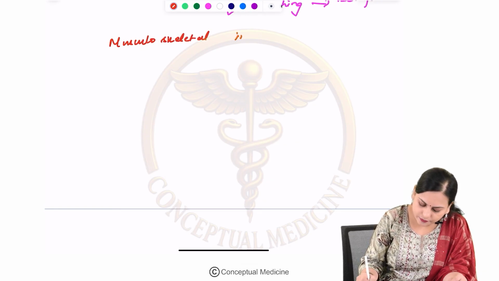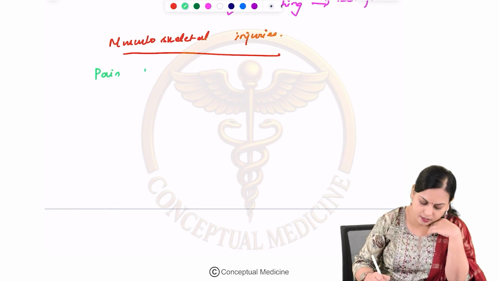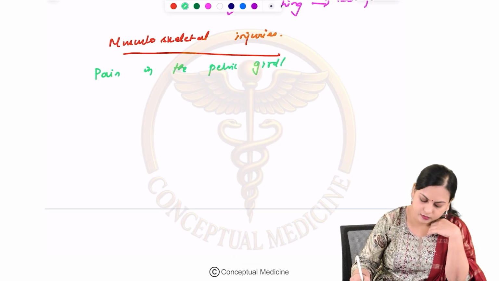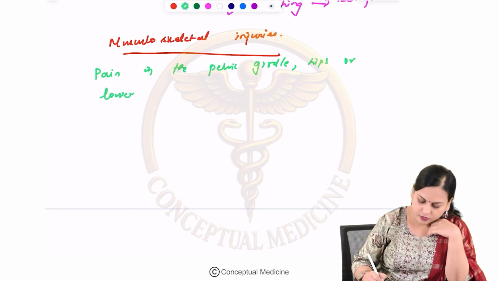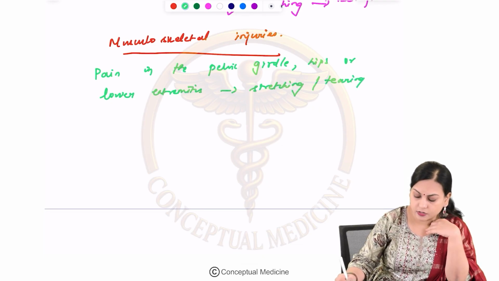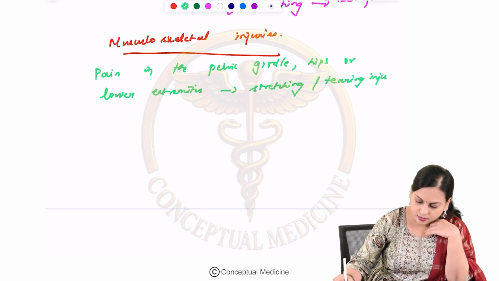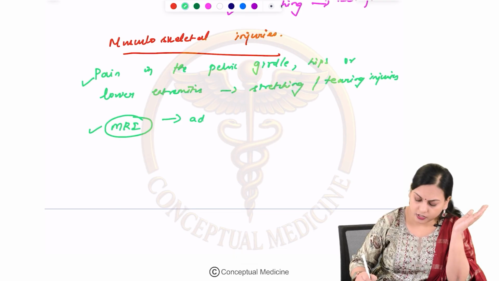And we'll see about musculoskeletal injuries as well. Musculoskeletal injuries means pain in the pelvic girdle, hips or lower extremities following the stretching or tearing injuries. Okay. MRI can be done to get additional information.